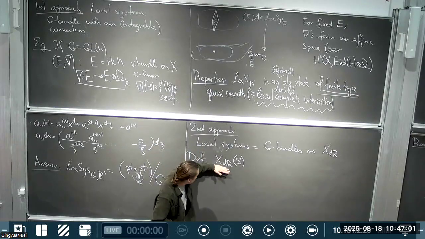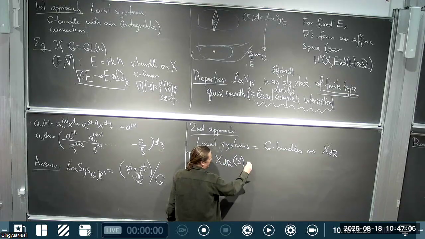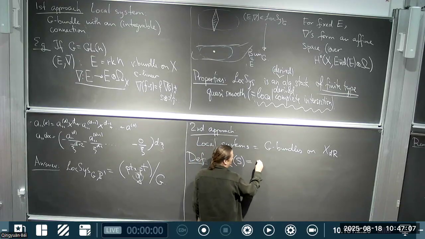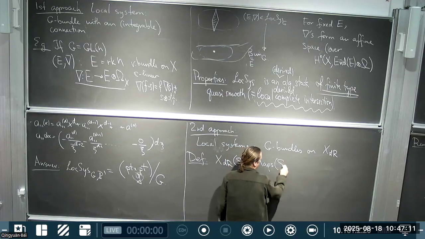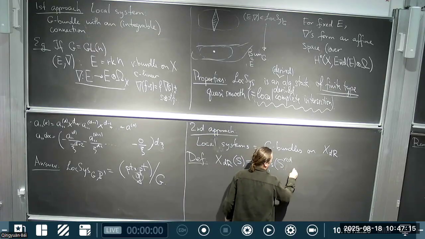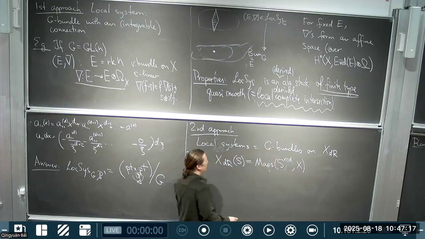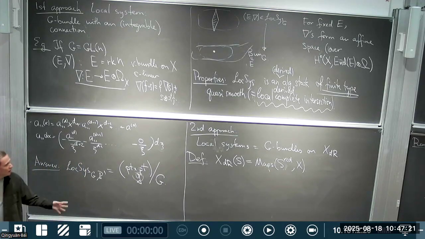So this is something defined as usual by its S-points, which are going to be maps from the underlying reduced subscheme of S to X.